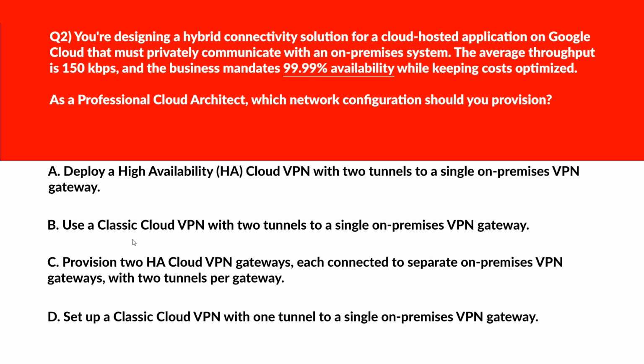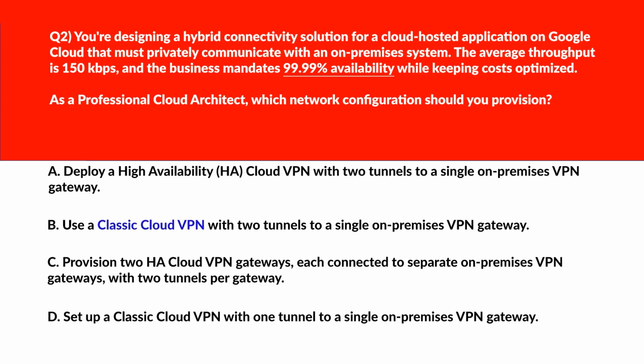B says use a classic cloud VPN with 2 tunnels to a single on-premises VPN gateway. Classic VPN doesn't guarantee 99.99% availability as it lacks the high availability features. Incorrect.